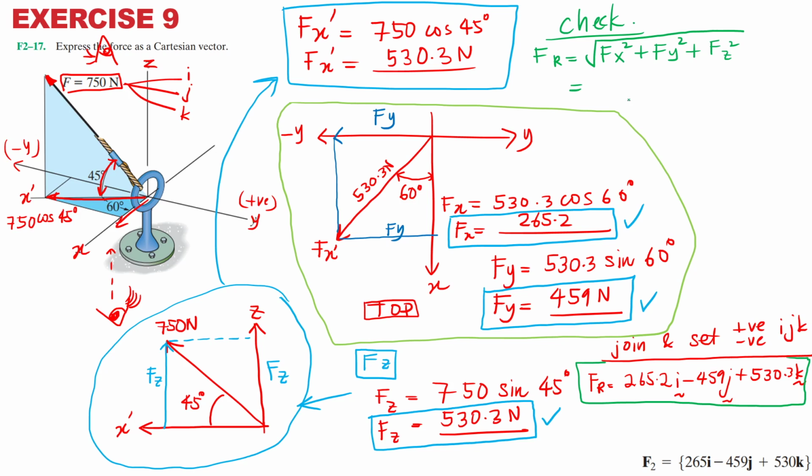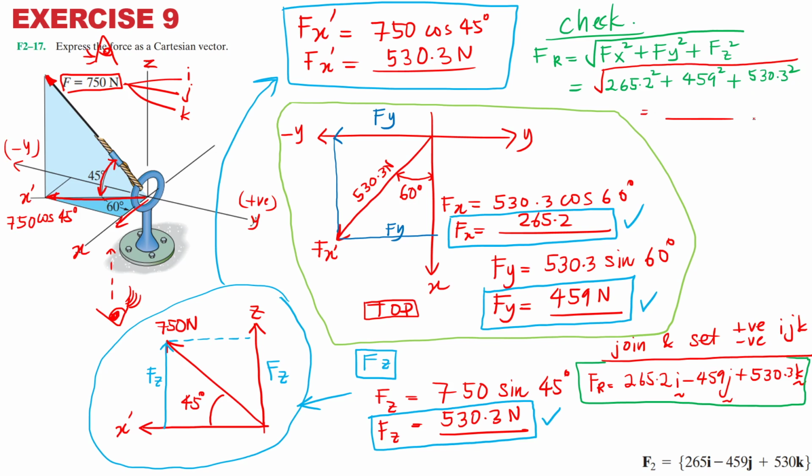So what is the value? Plug it in. 265.2 squared plus 459 squared plus 530.3 squared, and definitely don't forget to square root the whole thing.